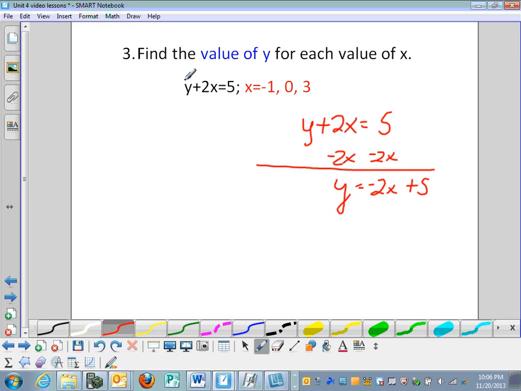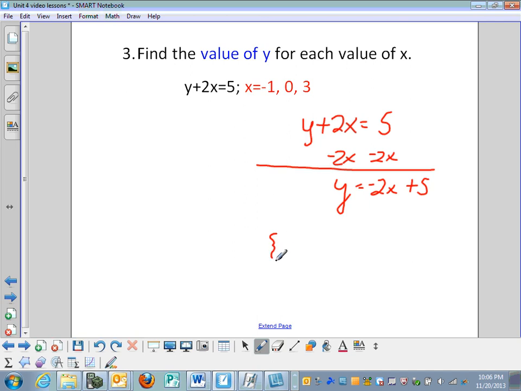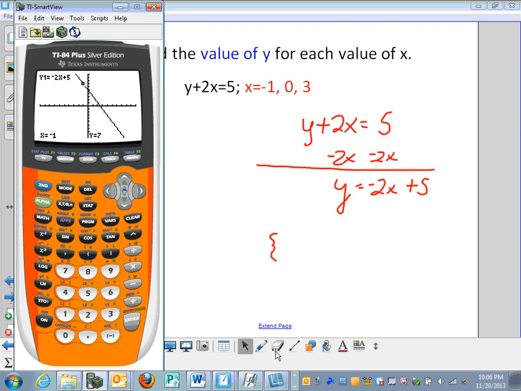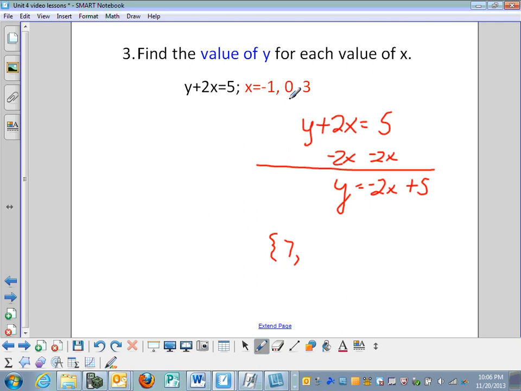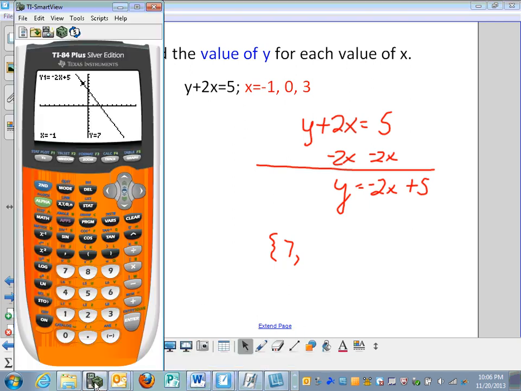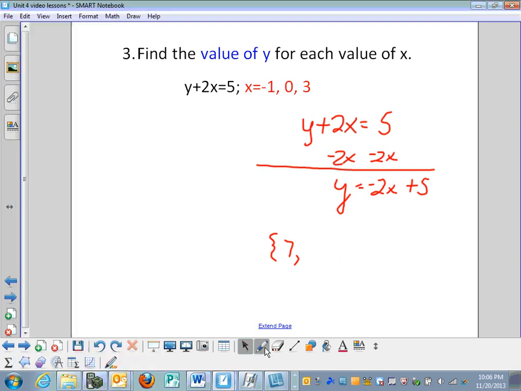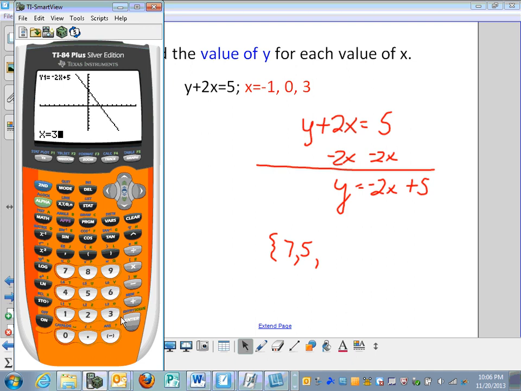So I'm going to find the value of y for each one and write it as a solution. That was 7. And for 0, I probably could put 0 in and see that, but let's go ahead and use the calculator. 0 should be 5. And for 3, you can do that in your head or just use the calculator: 3 gives negative 1.